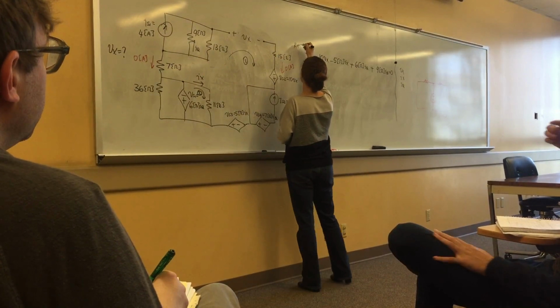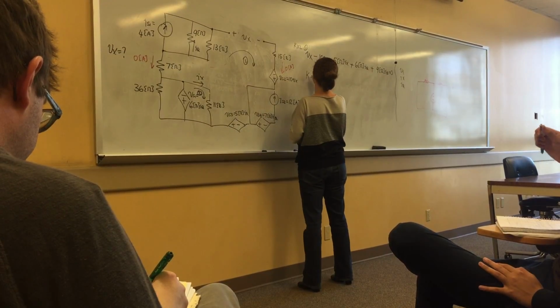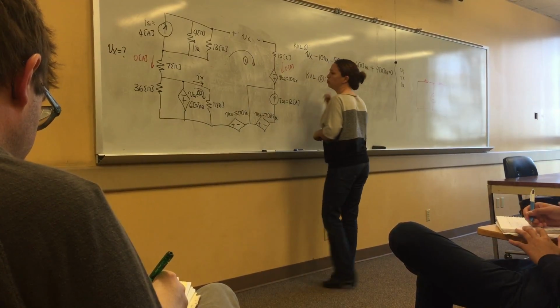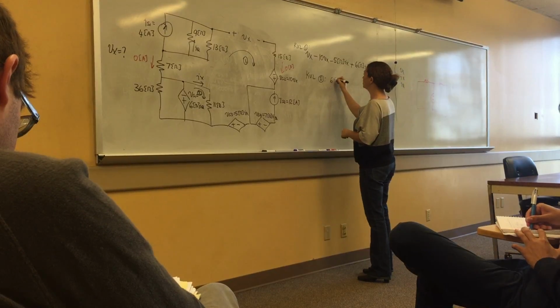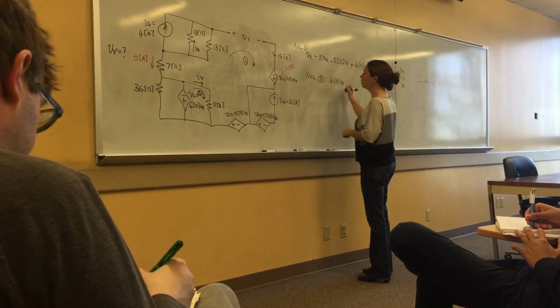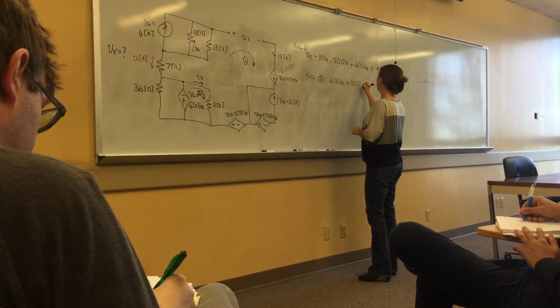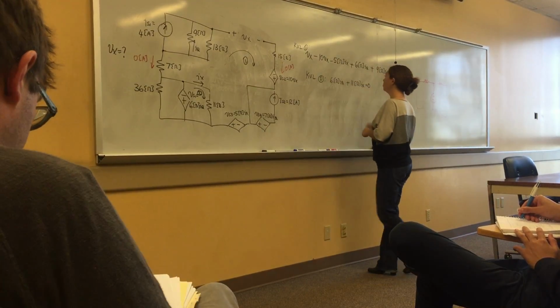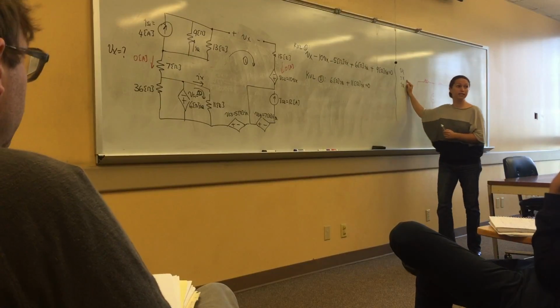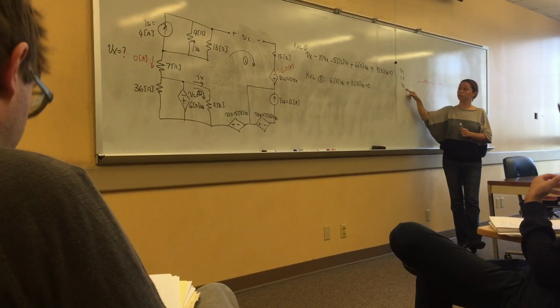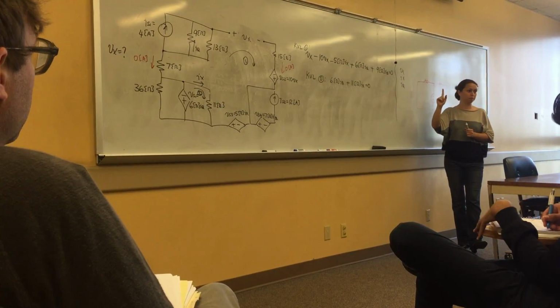So this is my KVL at loop 1. Then this is my KVL for loop 2. So I have 6 ohm IQ plus 11 ohm Ix equals 0. Perfect, because both IQ and Ix are in my list. Now I'm missing one equation only.